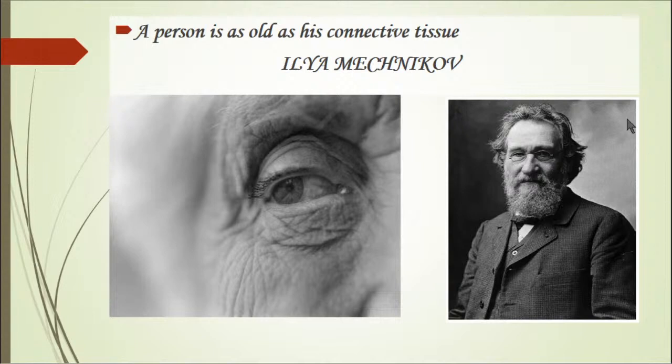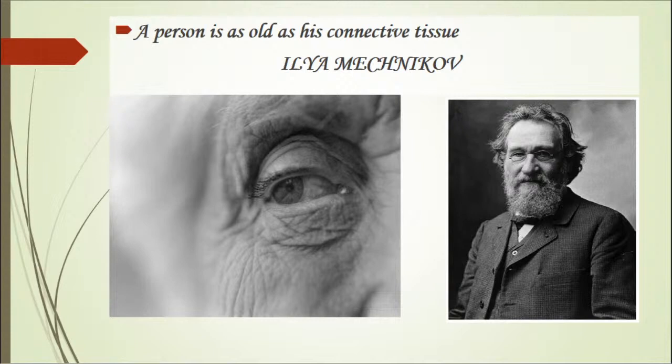Ilya Mechnikov, a famous Russian biologist and histologist, investigated the senescence of the human organism, and of course you know that Mechnikov is the author of the phagocytosis theory and the theory of cell-dependent immunity.